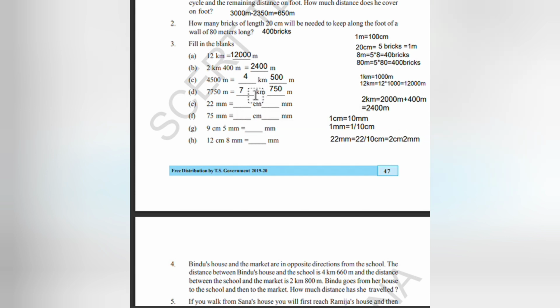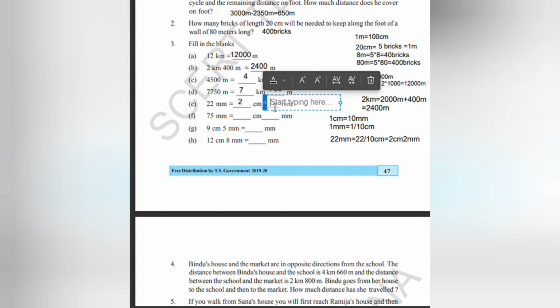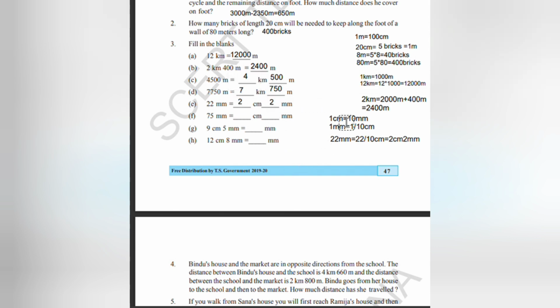Okay, so we have to write like this: 2 centimeter 2 millimeter. Is it clear? So 22 millimeter is equal to 22 by 10 centimeter, which is equivalent to 2.2 centimeter, that is 2 centimeter 2 millimeter.